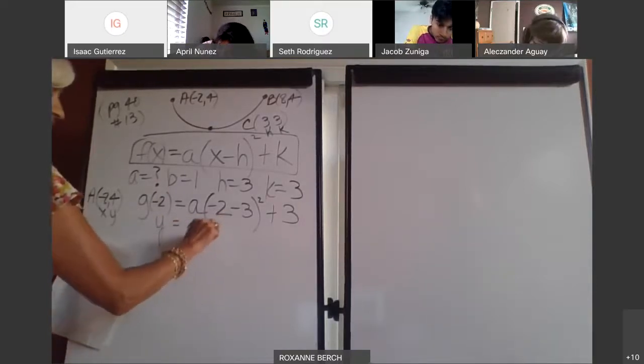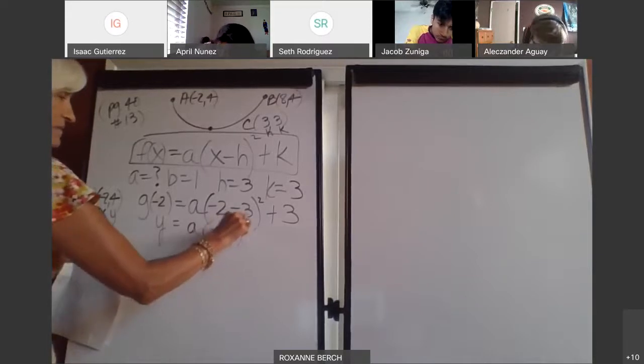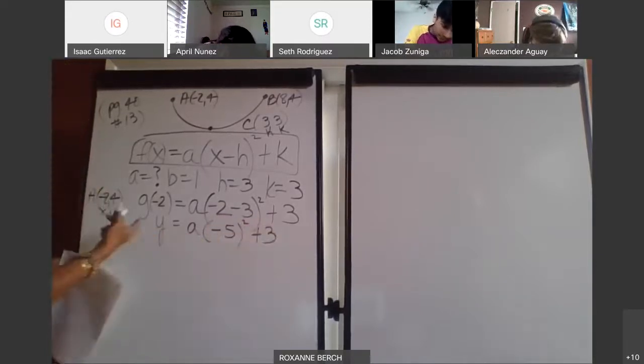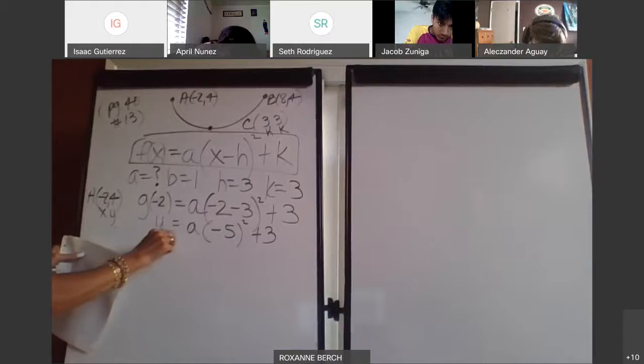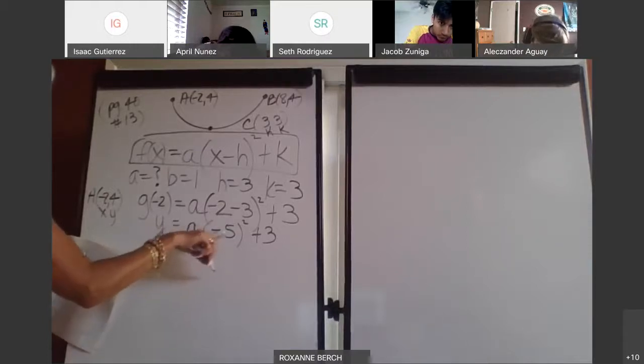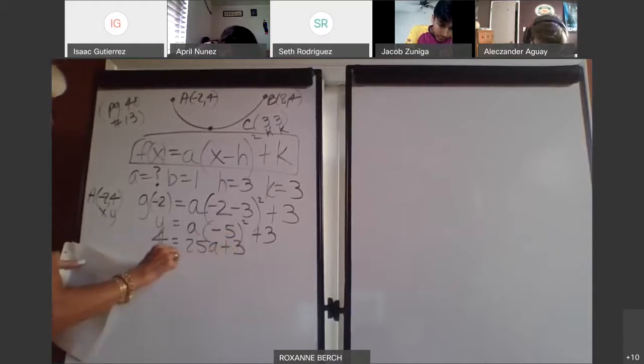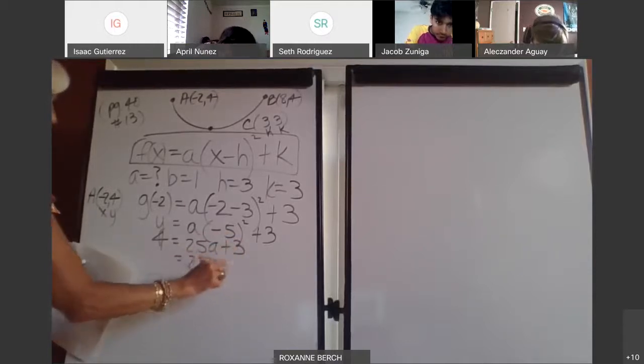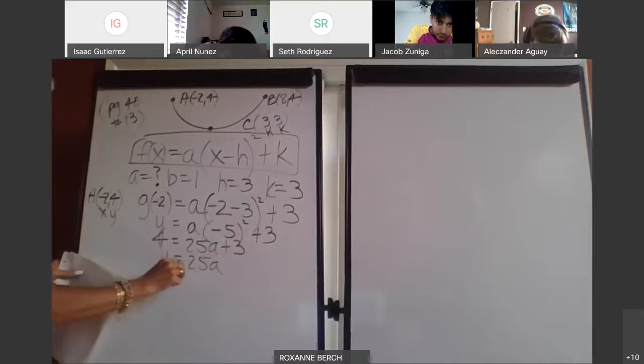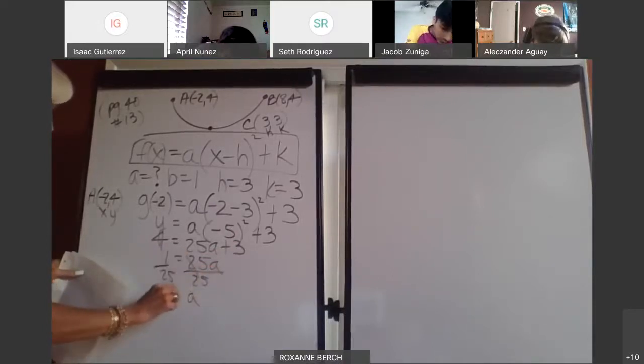A negative and a negative is a negative, and you add. y is 4. So this would be 25a plus 3. Subtract 3 from both sides would be 1. Divide both sides by 25. a is equal to 1/25.